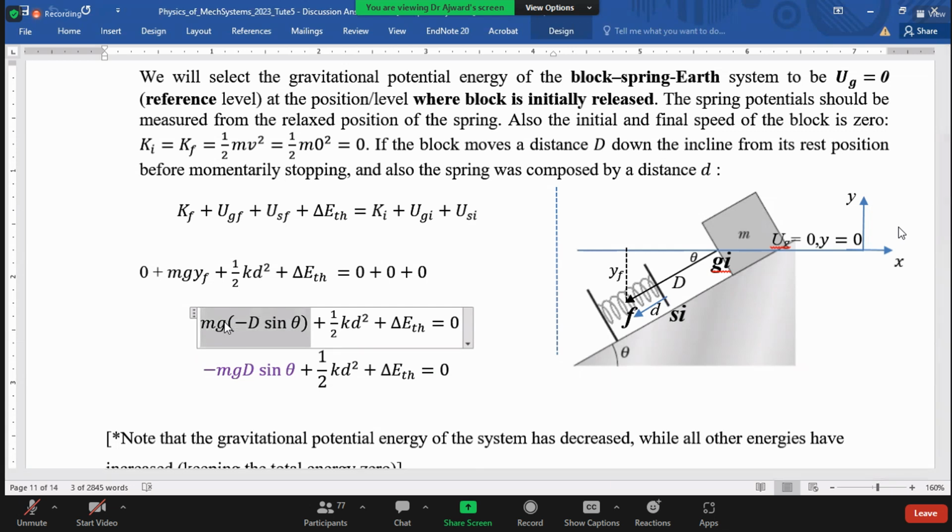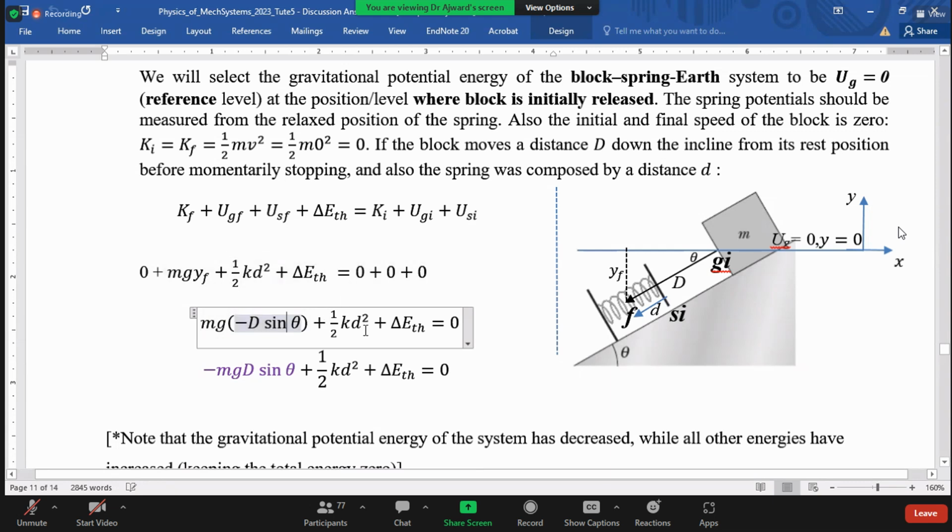The gravitational potential energy is given by mgy, where y is the position, the distance from the reference level. And here, since it is below the reference level, it's negative d sine theta.